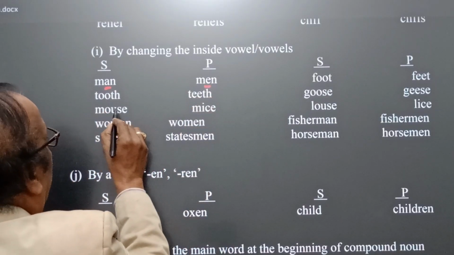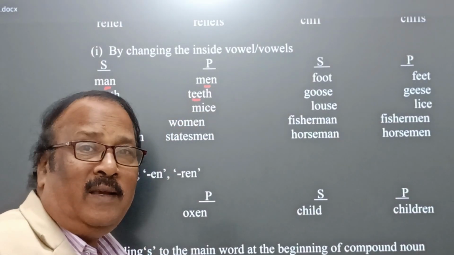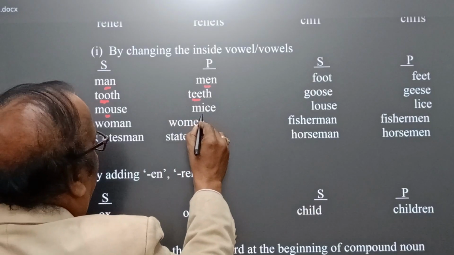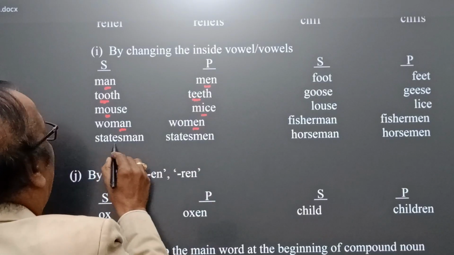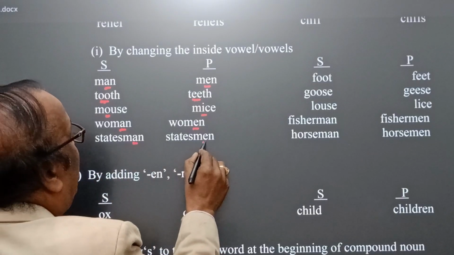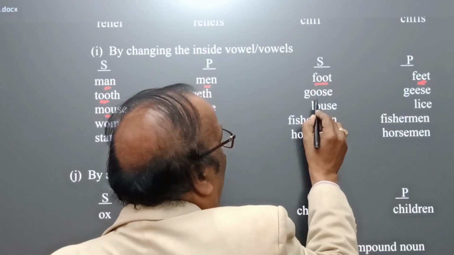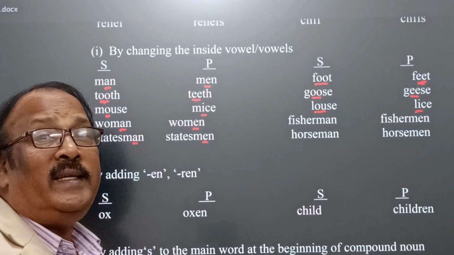Again tooth, inside vowel double o, but here double e. Tooth, teeth. Again mouse, mice. Woman, women. Statesman, statesmen. Foot, feet. Goose, geese. Louse, lice.